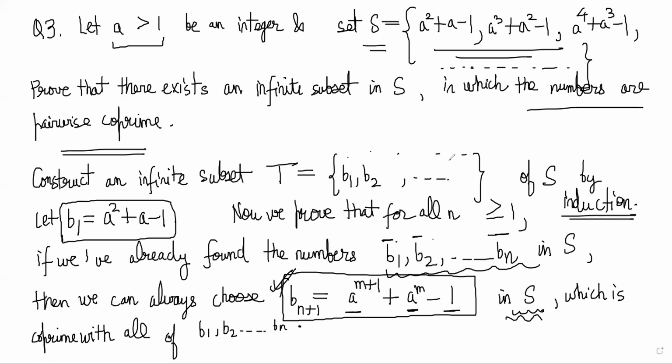So basically, we have to figure out how to make this Bn+1, or what is the m, right? So Bn+1 is equal to a^(m+1) + a^m - 1.